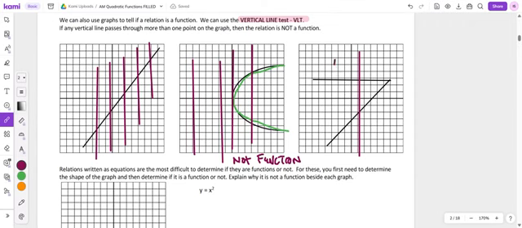And so what we can say is this failed the vertical line test. It's not a function because it failed the VLT. The first one is a function. It passed the VLT. But the next two failed.